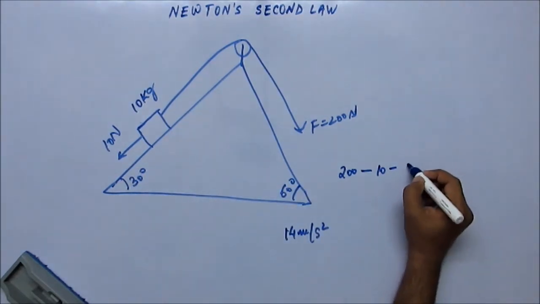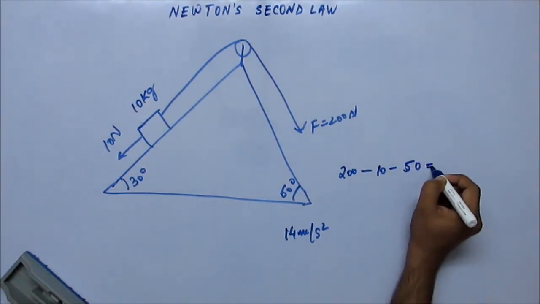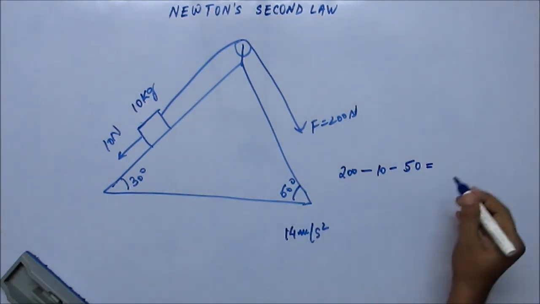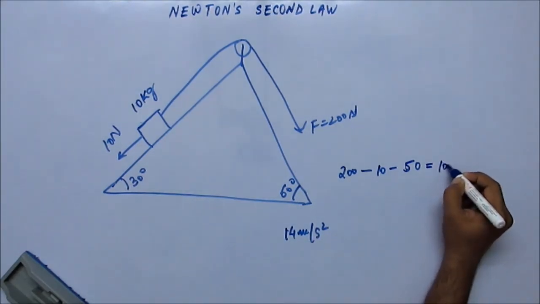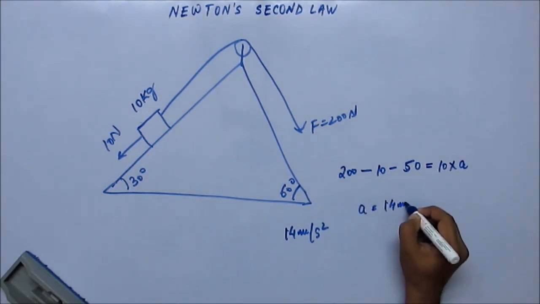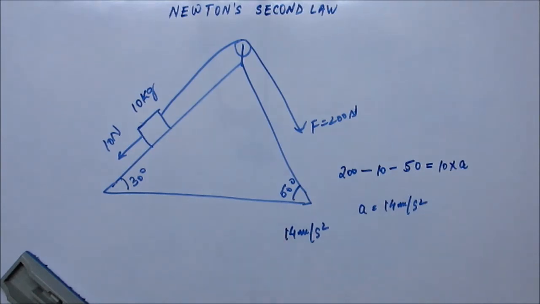Mg sine 30 degree, that will be 50. That is also pulling it downward. This is the net external force in upward direction, up the plane. This should be equal to mass into acceleration. So from here you will get acceleration as 14 meter per second square up the plane. Okay, that's simple.